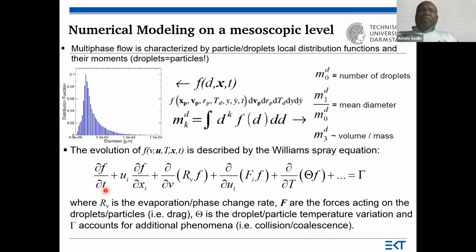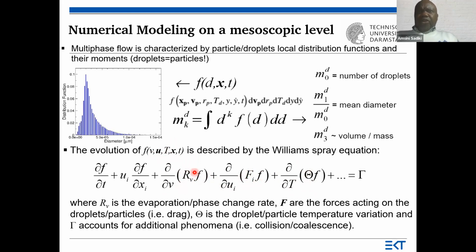It will be the partial time variation, with respect to x, with respect to the velocity of the particle, with respect to the velocity of the fluid phase, and with respect to the temperature. We have all phenomena here: evaporation, the drag force, and the change of the evaporation rate.